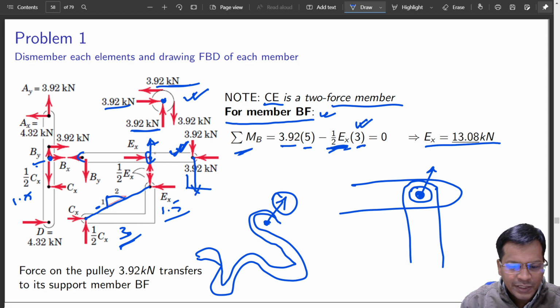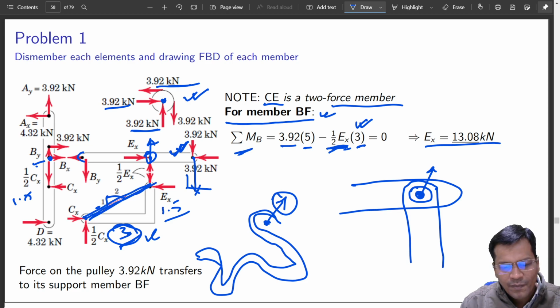This also will change in the same ratio as this. Whatever you change here, the change will also happen in the same proportion, 1 is to 2, whatever is the slope of that link. Got it?